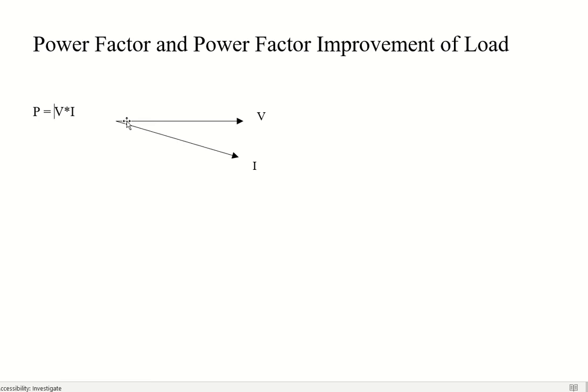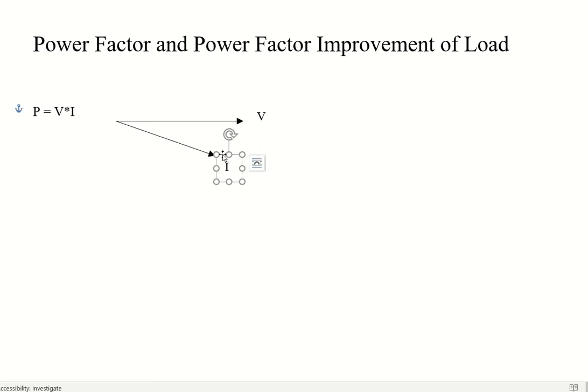Here you can see this line is my voltage line, and here is the current. Magnitude wise both are almost equally same here. It can be anything, it's better if current stays less. We will discuss why it is better when current stays less once you get better of power factor. But let's say this is my voltage and this is my current.